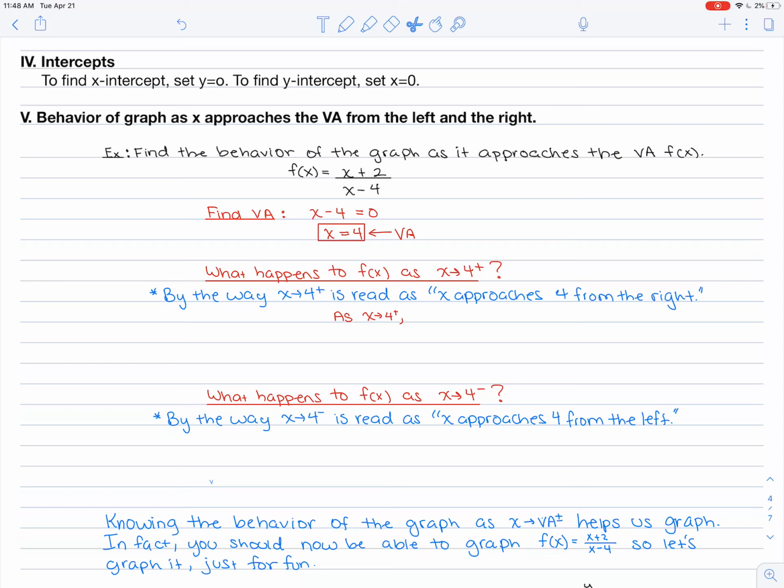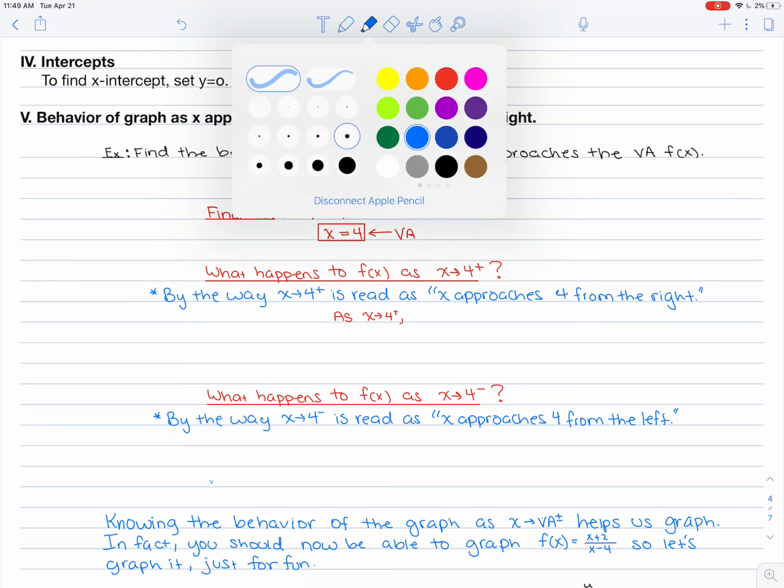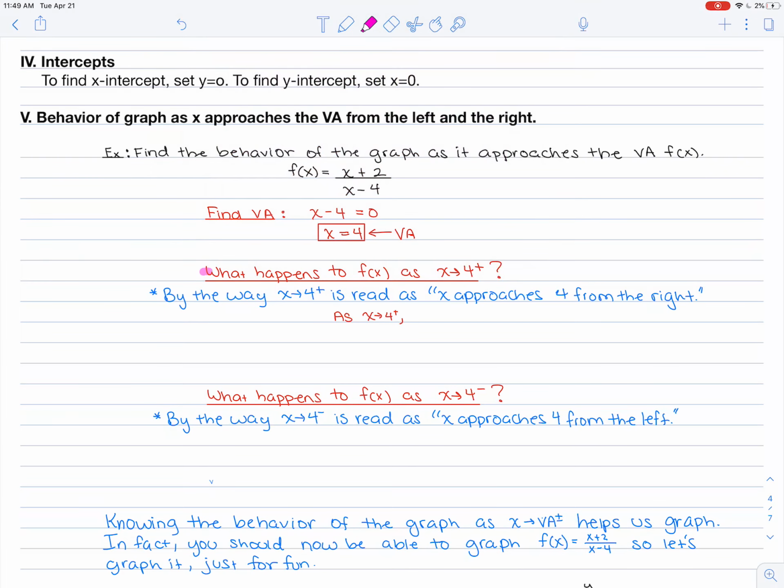Now, in order to determine what our graph is doing as it gets close to the vertical asymptote, we're going to take an x that gets really close to 4 from the right and the left. So what happens as f of x approaches 4 from the right?